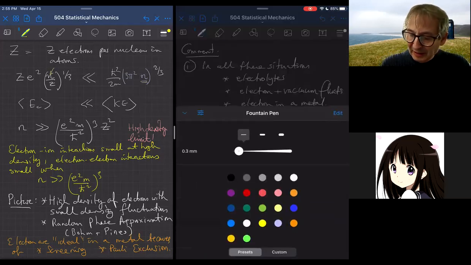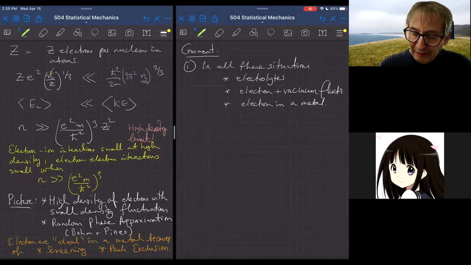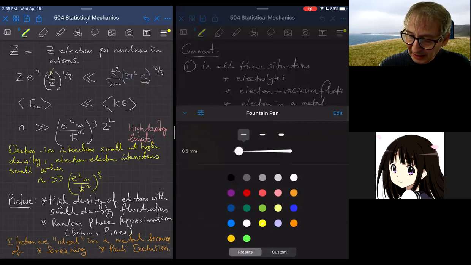So in all of these pictures, what you have is you start off with an electron, and then you switch on the interactions.